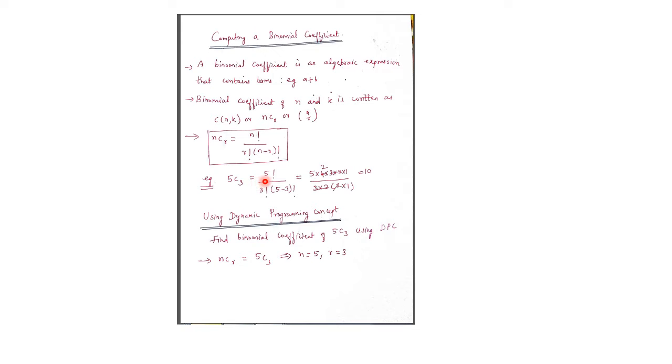Example, 5C3. We know the factorial of 5 is 5 into 4 into 3 into 2 into 1. Likewise, we will write for 3 factorial and 5 minus 3 factorial. After striking out the common values, we will get the value 10.